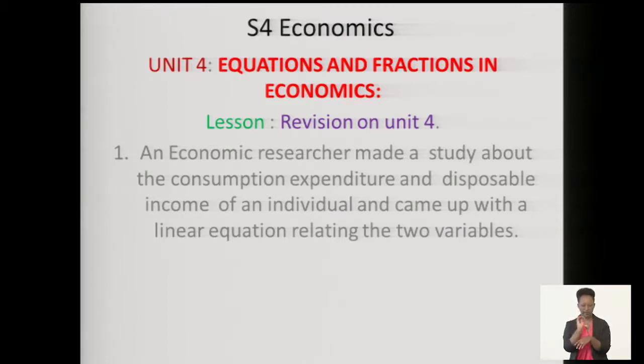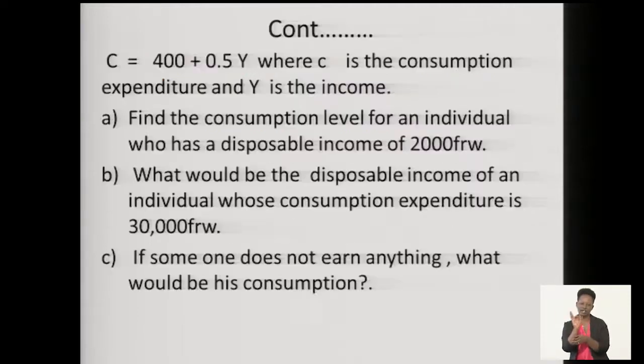So I have question 1, which says an economic researcher made a study about the consumption expenditure and disposable income of an individual and came up with a linear equation relating the two variables. So we have our linear equation.